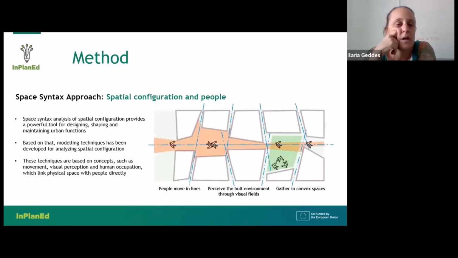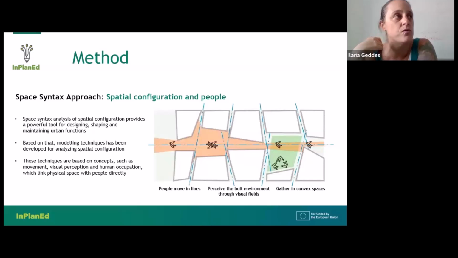And so we have things like movement, which is linear in space. And we have things like interaction in space, which is a static activity. So movement tends to always take place in a linear way, and in those elements of the environment which tend to be linear, like streets or corridors.